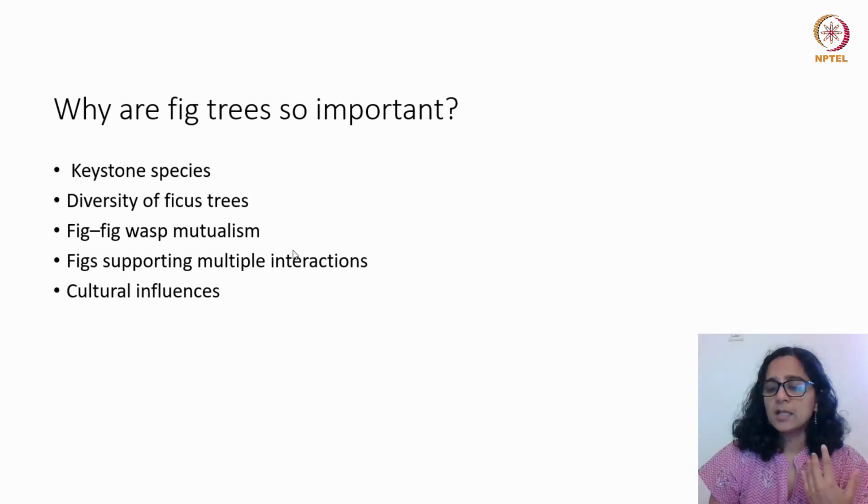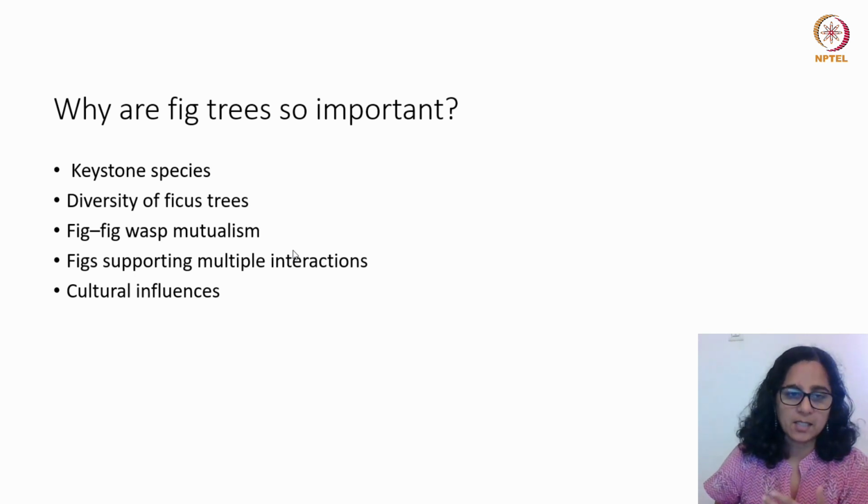Not only this, there are various interactions which happen on the fig tree. There are mammals, different birds, and insects, and at various stages of fig development these various interactions happen. We'll talk about this in detail later in this class.